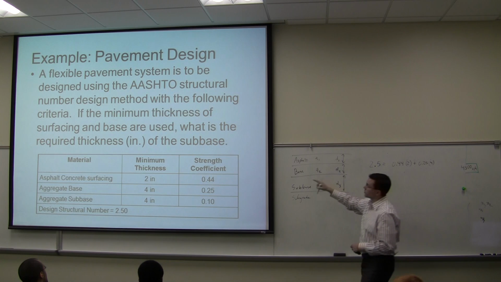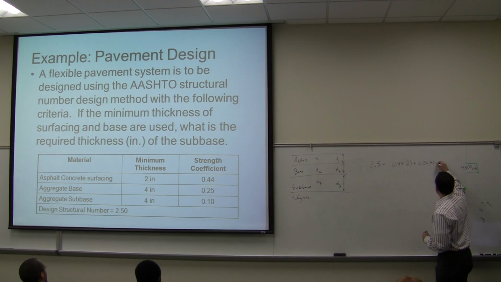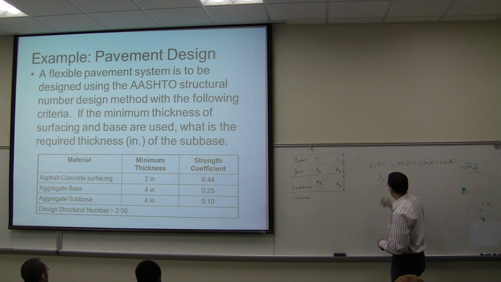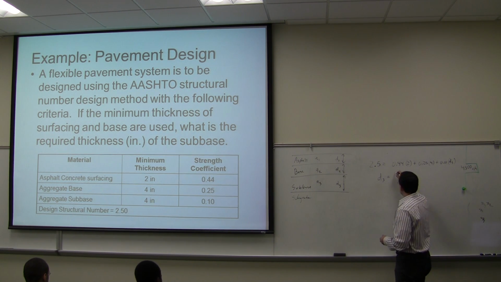We're solving for the subbase, so the third one, plus 0.10 times D3. So we can solve for D3. 6.2 inches, and we could probably round that up to 7 inches.